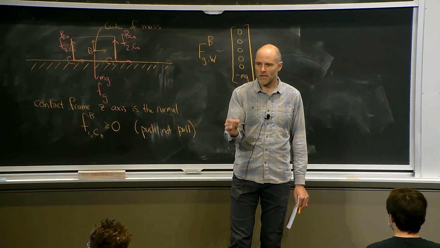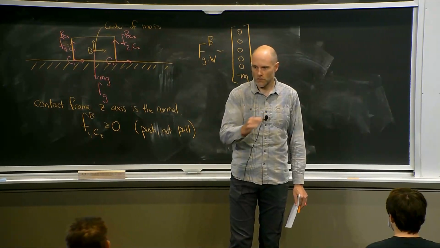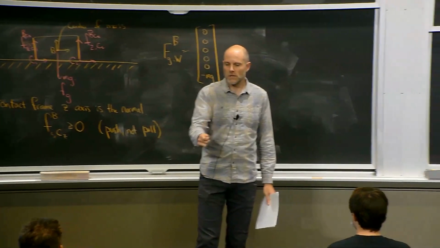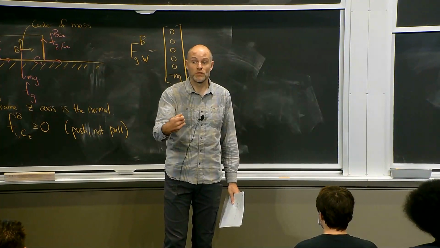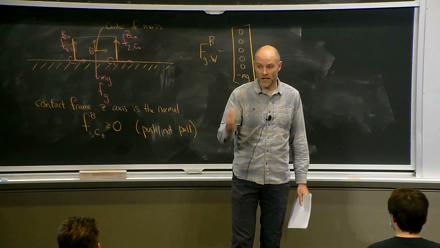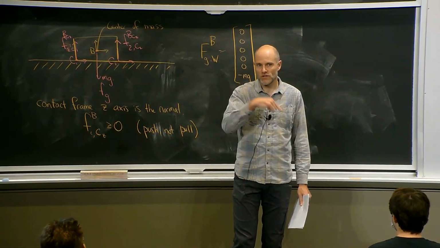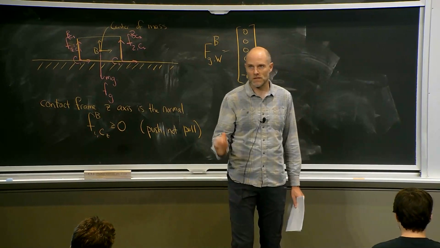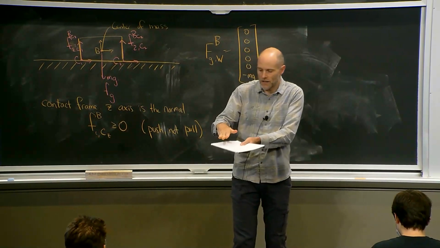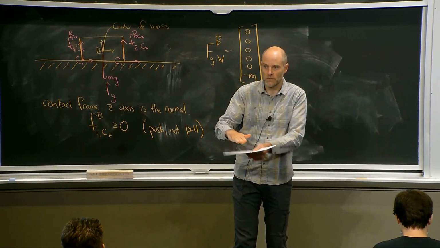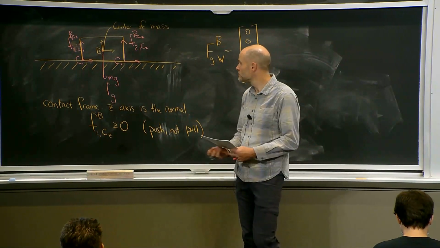Since point contacts are maybe a poor summary of face-on-face contact, some people will have the ability to produce frictional torque right at your point contact. Maybe that'll make more sense when I put the friction cone up in a second, because then we'll see it right there. But it's true that sometimes people model that. It's really meant to model the effect of many forces in a patch. It's an approximation for that.